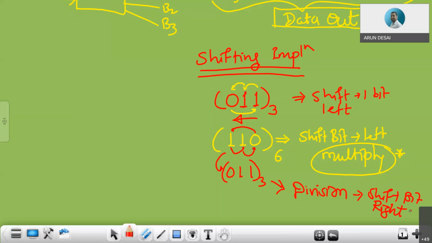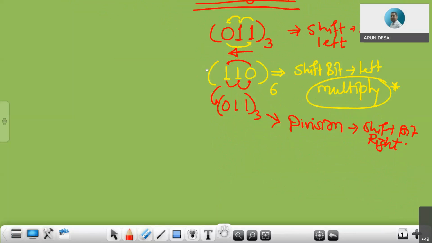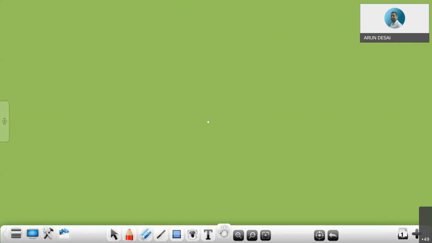So that is why shifting is important. If you shift your bits left, then you achieve a multiply operation. And if you shift those bits to right, then you achieve a division operation. Right? So this is basically called shifting. And why shifting is used? Because we achieve something there in this case, right?